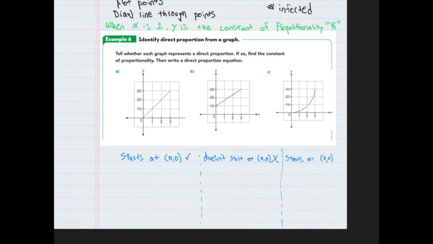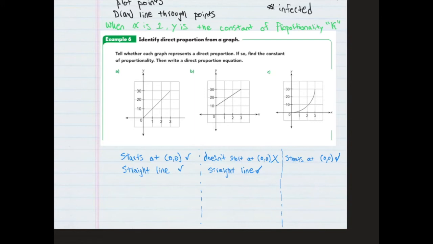Okay, so now we have two possibilities. We already know it's not going to be this one because it doesn't start at 0, 0. It starts at 0, 10. Now let's look. Does it make a straight line? So this is a straight line, so I can put another check mark. This is a straight line, so I could put a check mark, even though it's still not going to meet the criteria for a direct proportion.